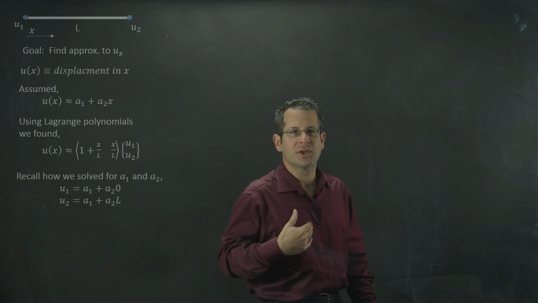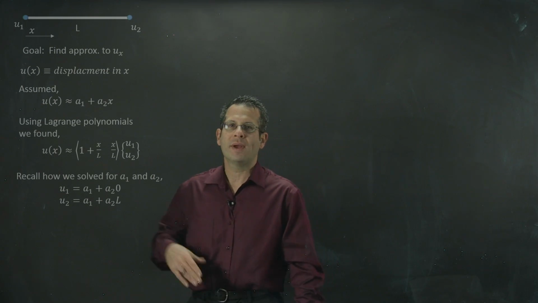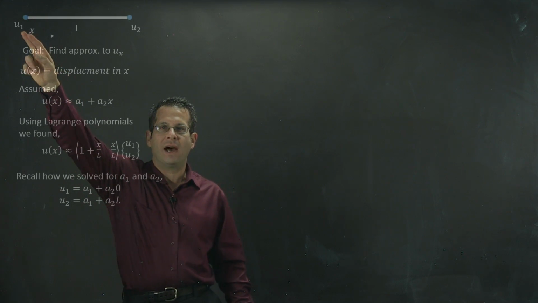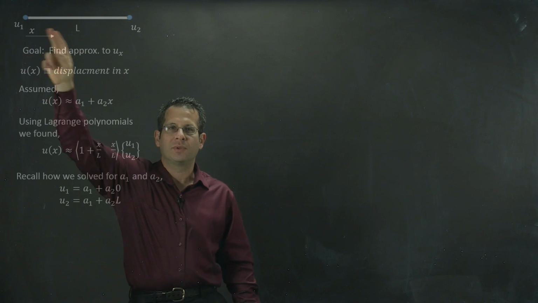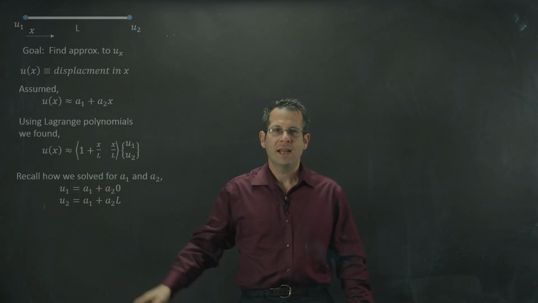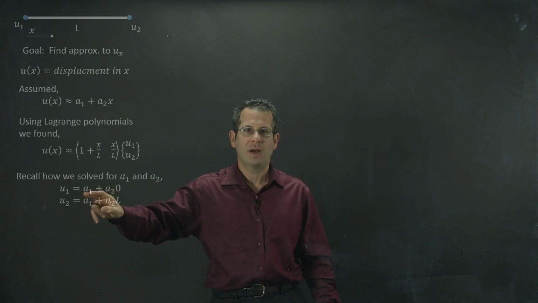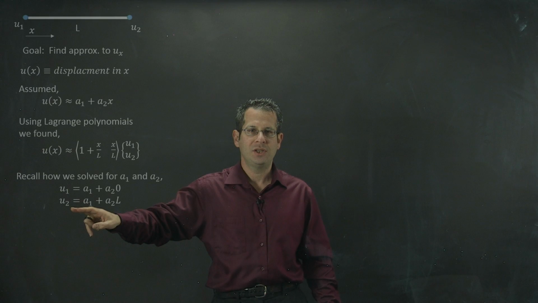Remember how we solve for a1 and a2. We're saying, for the moment, let's pretend we know the values u1 and u2 at x equals 0 and x equals L. We plug that information in. Now I can find a1 and a2 as functions of u1 and u2.